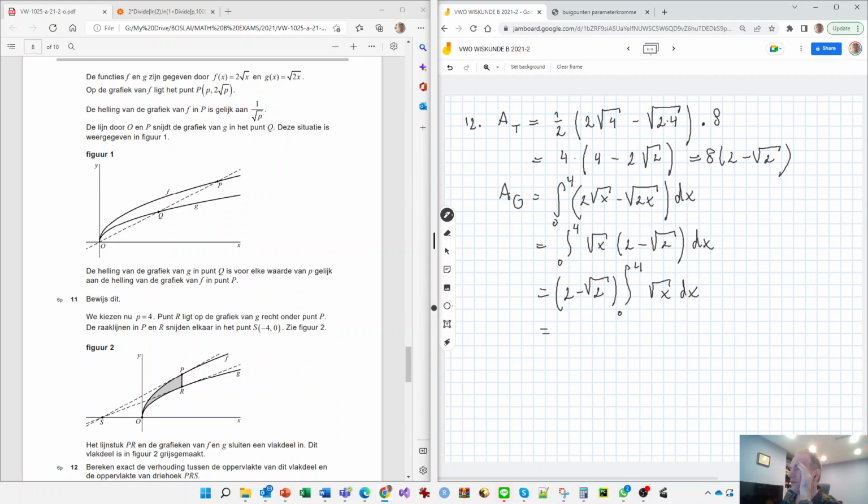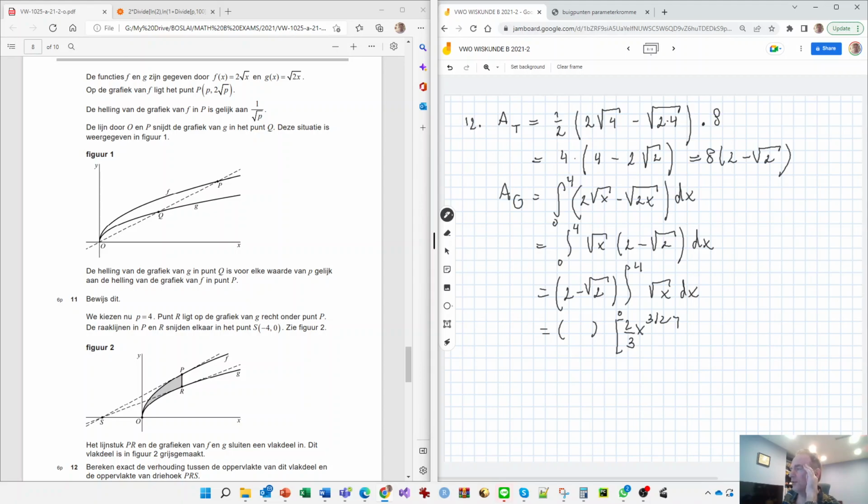Well, this is this thing here, and the primitive of the square root of x is simply x to the power 3 over 2, but I need to have a compensation coefficient here to get the constant in front of it, 1.